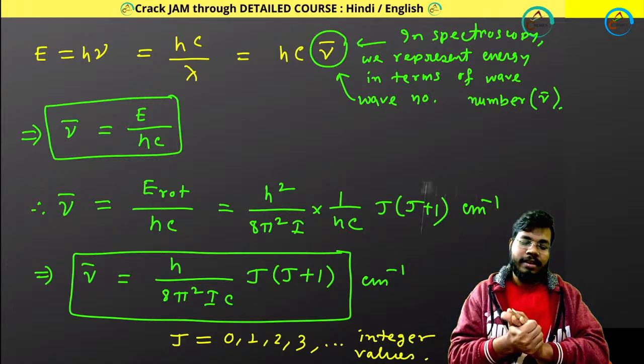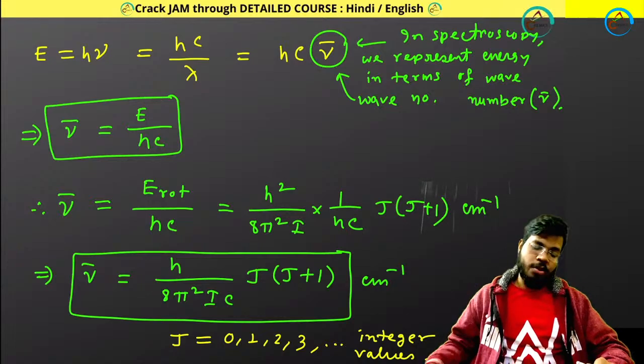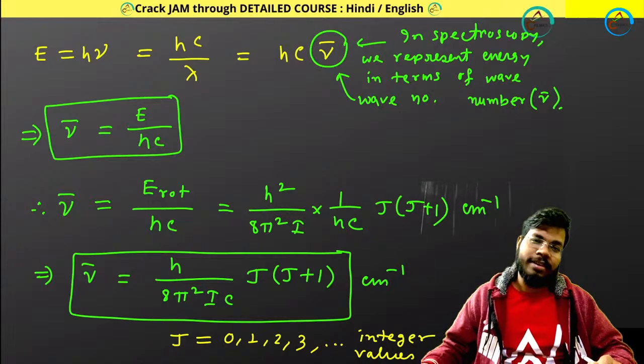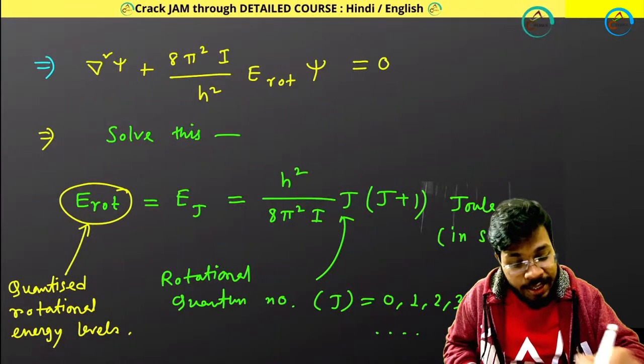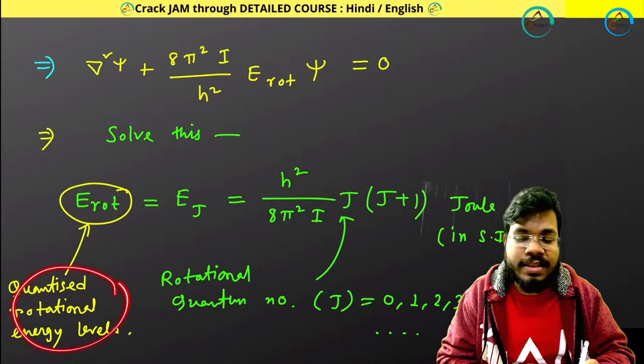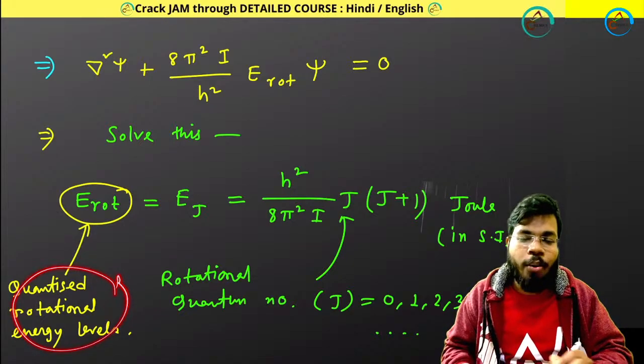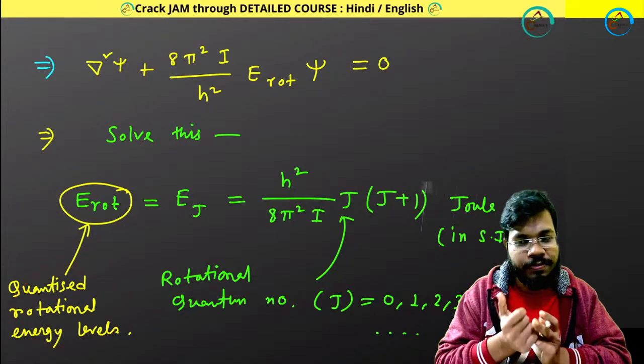Now according to this equation, if you want to get your rotational energy levels, which I told you are quantized, how can you show those?